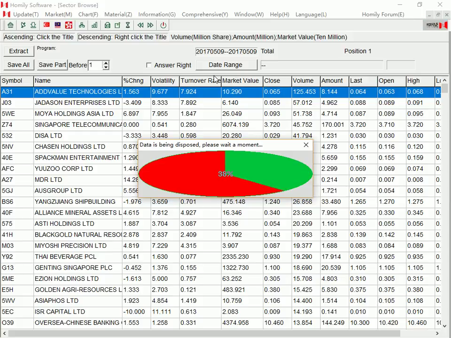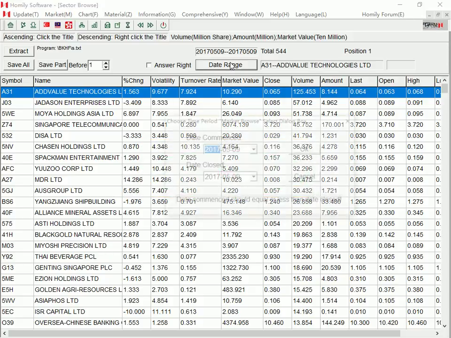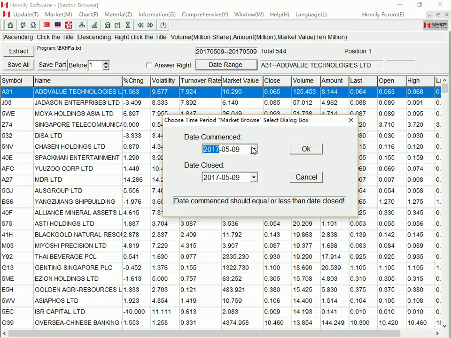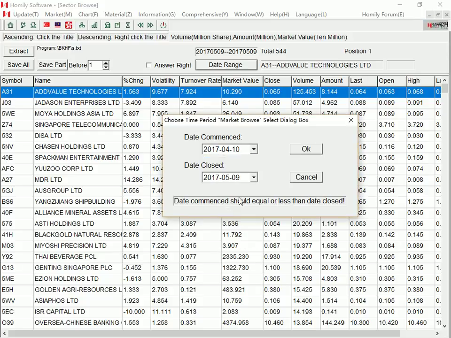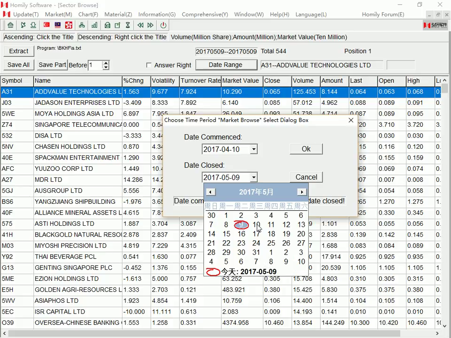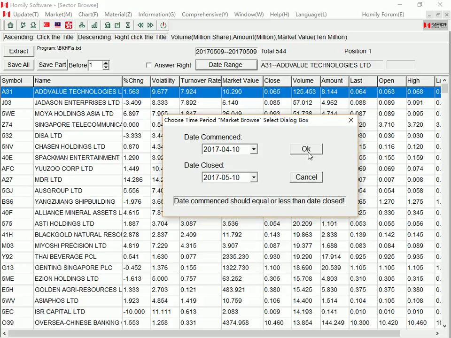For the data range, we can change it. Change the date range is up to you. Maybe I want to see within 1 month what kind of stocks are crazy. So we can click 410 to 510. Okay, then we click OK.